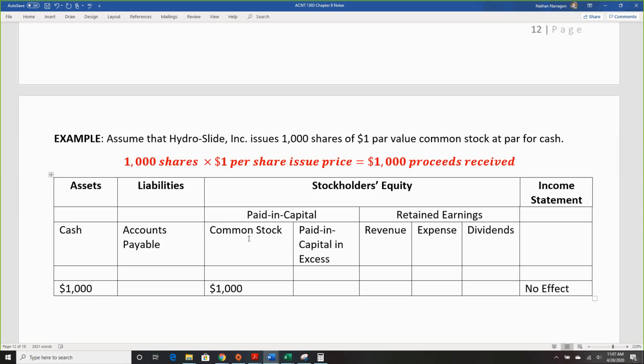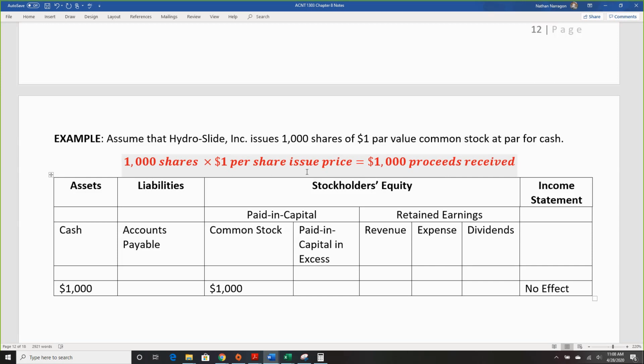So let's assume Hydroslide Inc. is going to issue 1,000 shares of $1 par value common stock for cash. So when we calculate the cash we're going to receive, we always take the shares and multiply it by how much it is, dollar per share.